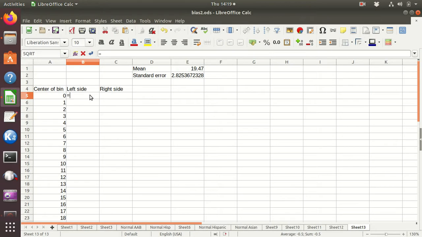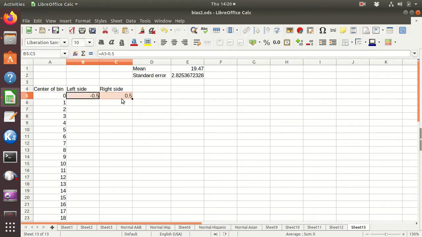So equals, and I click. I don't usually type cell addresses. 0.5. Oops. Enter. Fat fingers today or something. Equals, and A5 plus 0.5.